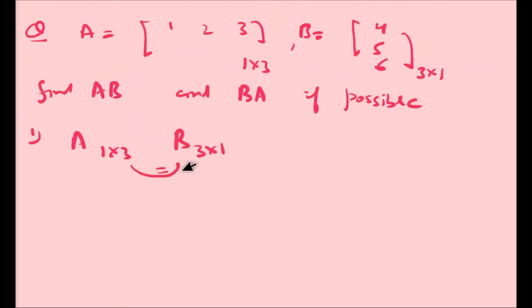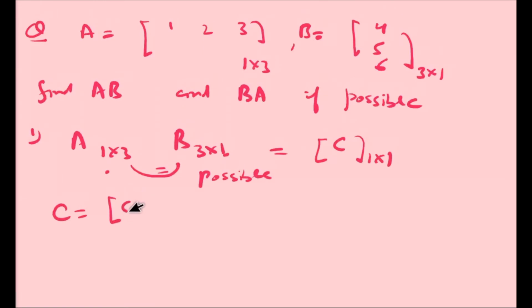This is equal, hence possible. Now the order of C will be 1 into 1.